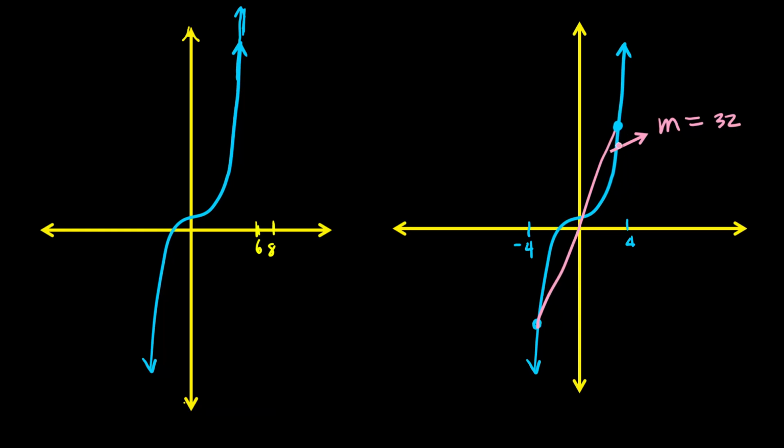Again, this is not scaled, but you see the difference between the slope of the secant line from 6 to 8, as opposed to from negative 4 to 4. All right, now let's move on to the next example.